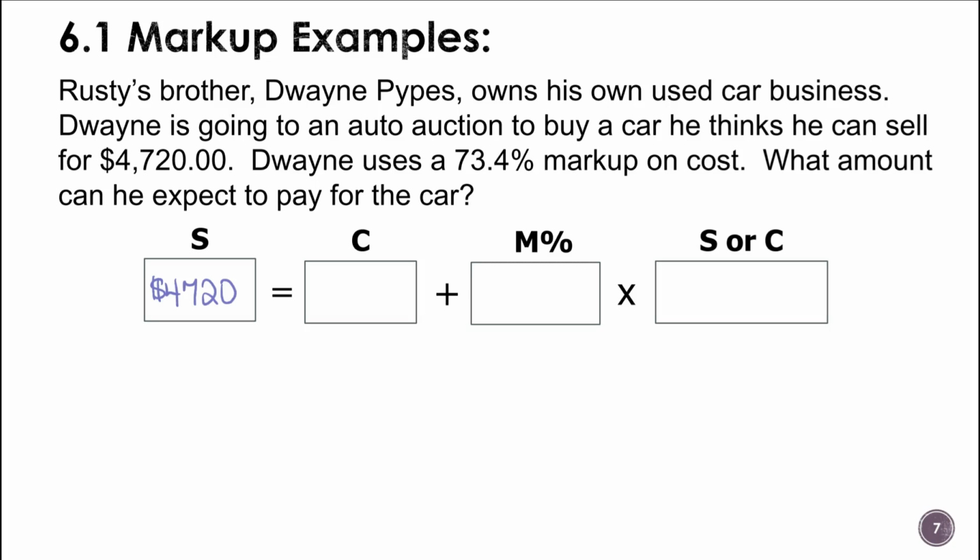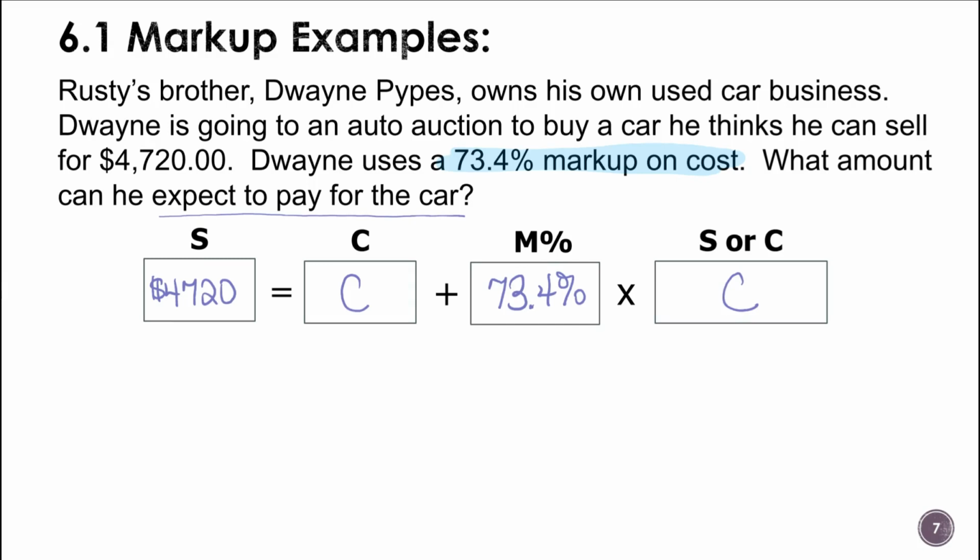What amount can he expect to pay for the car? So he is going to purchase this car, which is cost. My markup percent is on the cost. Let me highlight this, 73.4% markup on cost. And so what goes in the box this time is C.